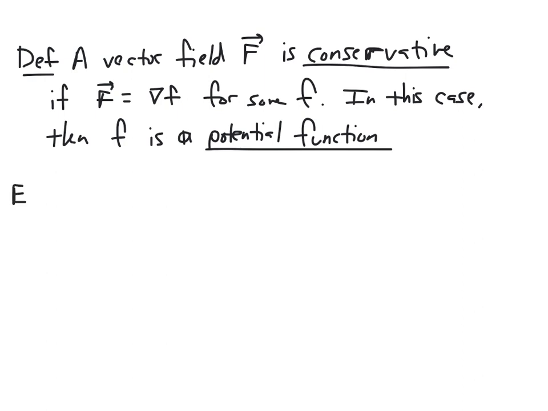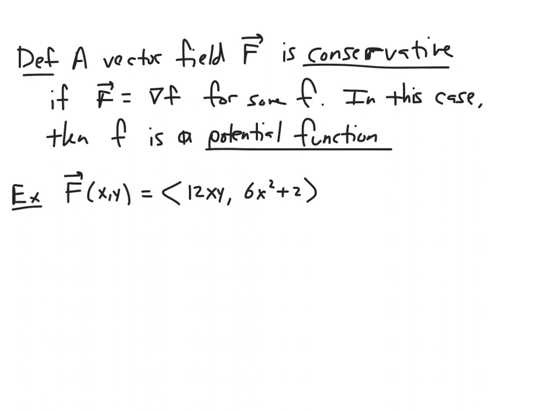However, for now, we'll just want to look at a couple quick examples of this. So let's say I have a vector field defined on the plane given by this formula. The first scalar field is going to be 12xy, and the second scalar field is going to be 6x squared plus 2. And the question we have here is, is this vector field conservative or not?